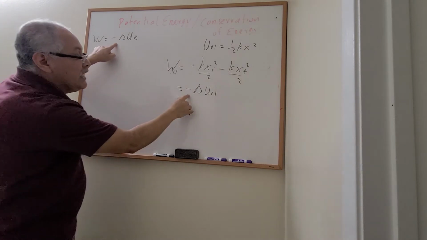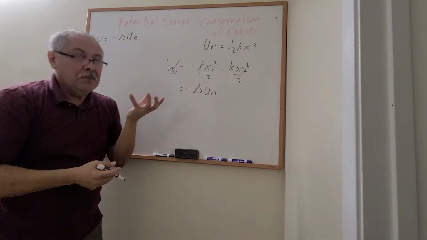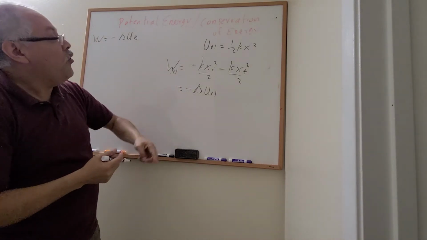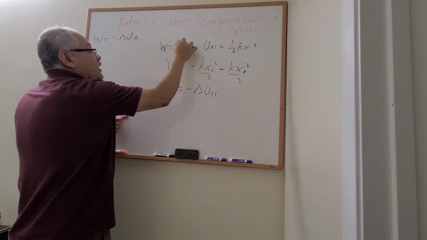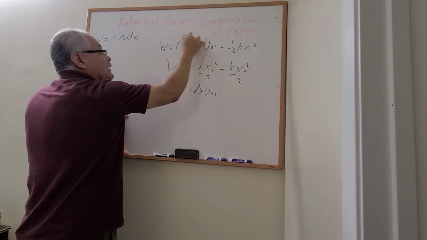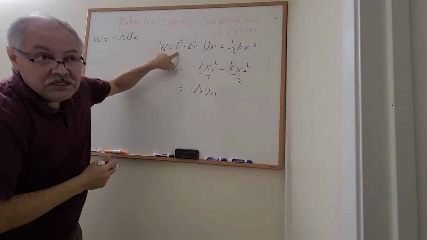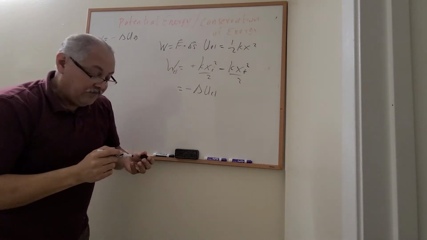So you can see they have the same form, which means they must have something in common. It's going to be the force. Remember, work is equal to the dot product of force times displacement. For these two cases, this force is a special force. We call this force a conservative force.